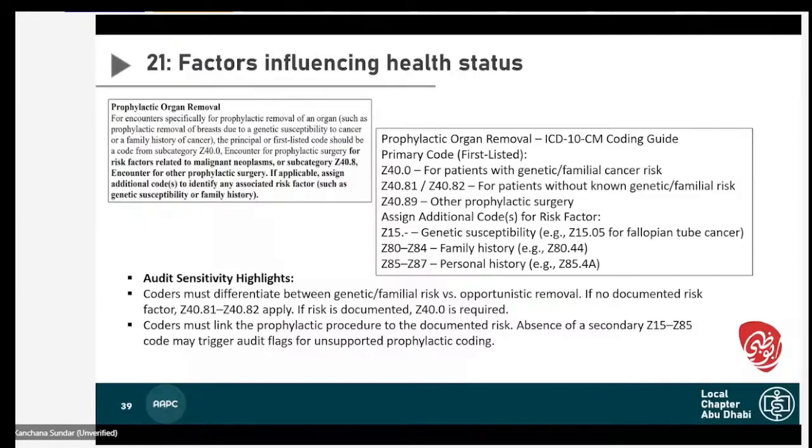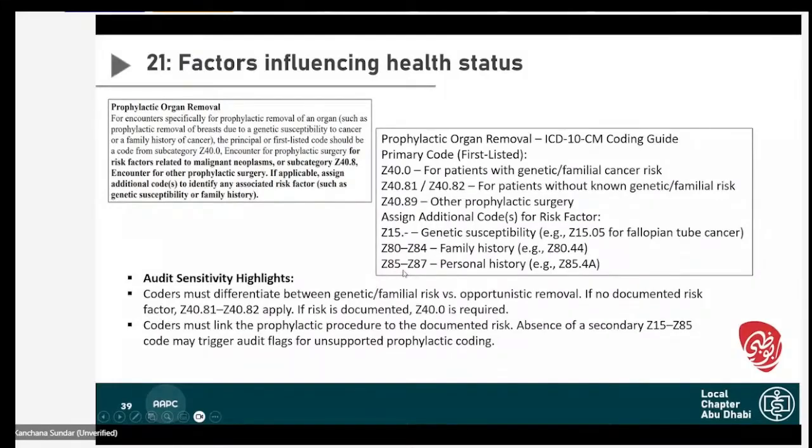So prophylactic organ removals should have the prophylactic susceptibilities and reasoning. For example, here I have written a few genetic susceptibilities: Z15 can be a high risk, which is documented in your chart, Z80 to 84 family history, and Z85 to 87 personal history. So please be cautious to code the high risk factors along with the prophylactic organ removal.